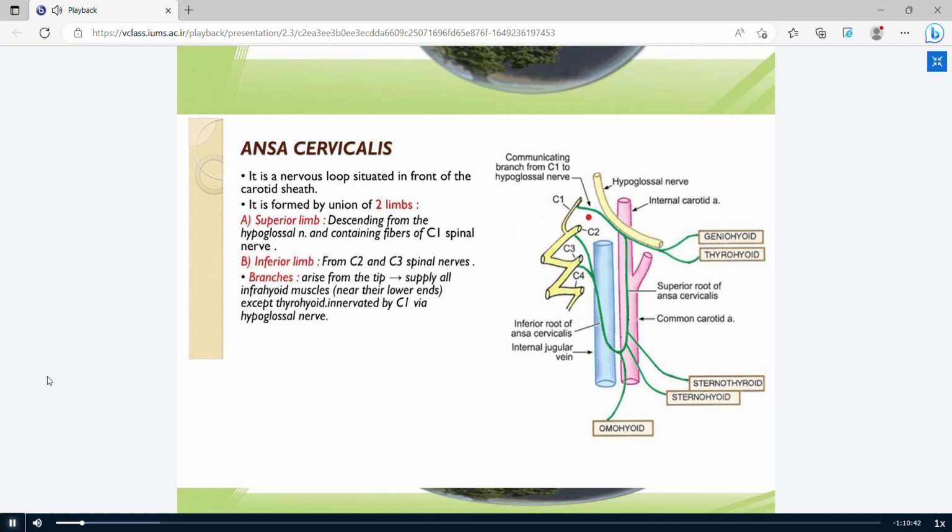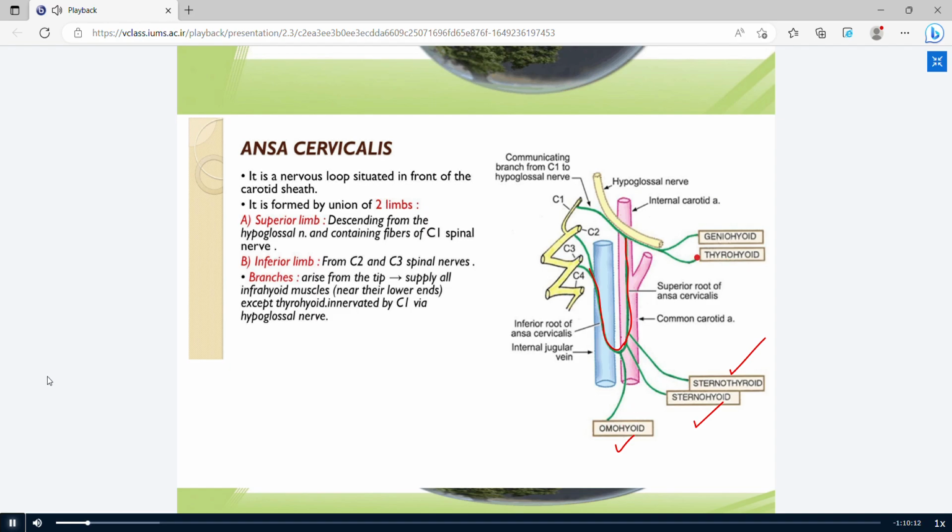C1 forms the superior root of ansa cervicalis, and C2 and C3 form the inferior root. Ansa cervicalis innervates the sternohyoid, sternothyroid, and omohyoid muscles.